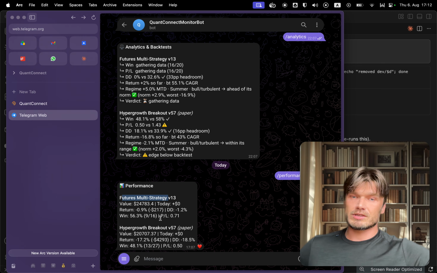It shows all my strategies, paper strategies and the live strategies. It shows me the amount of money allocated to that strategy, how much it has produced today, what is the total return of the strategy, what is the drawdown, what is the win rate, and what is the P&L. And that is for both of the strategies.